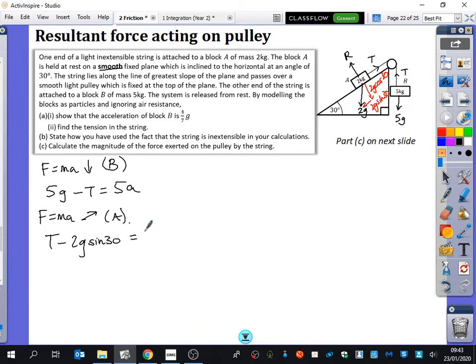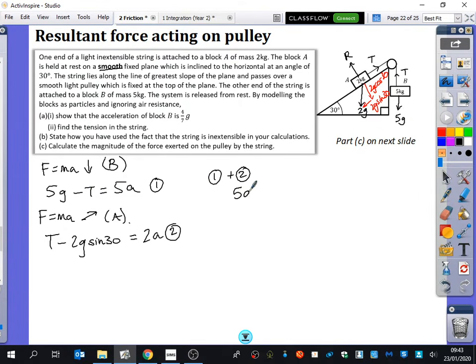Nope. 2a. So I've got my equation 1 and I've got my equation 2. Best way of solving those? Add them. It's always going to be an adding because one of the tensions is negative and one of them is positive. If you ever have it where the tensions are both positive or both negative, you're wrong. Okay? You've gone wrong. So I'm going to do equation 1 add equation 2.